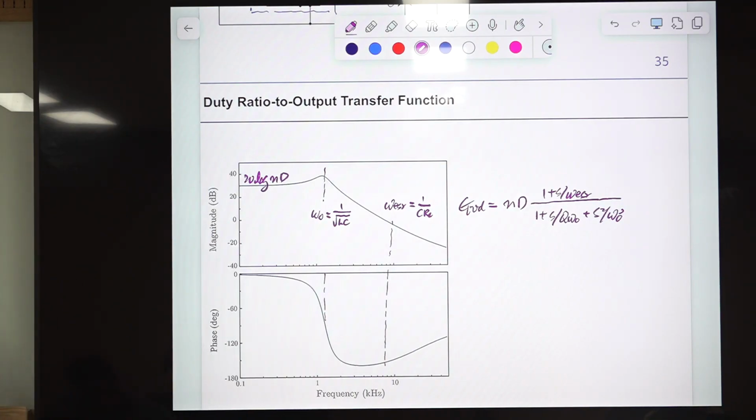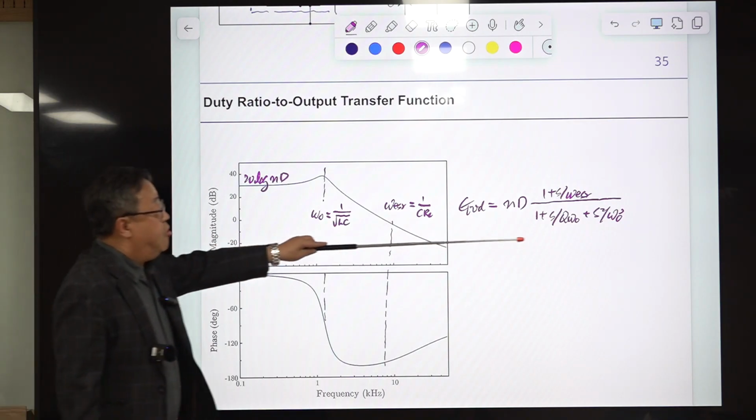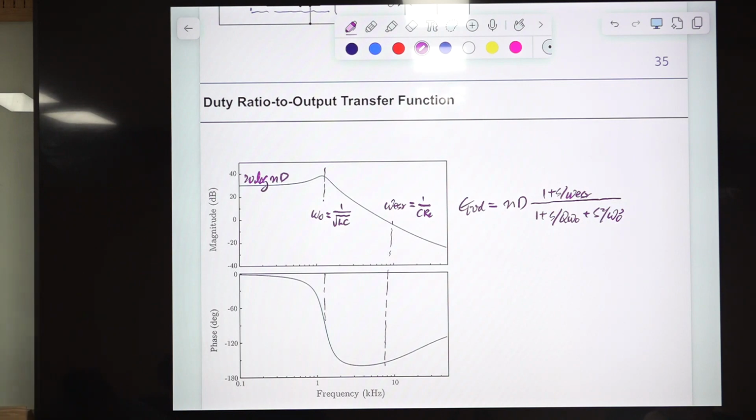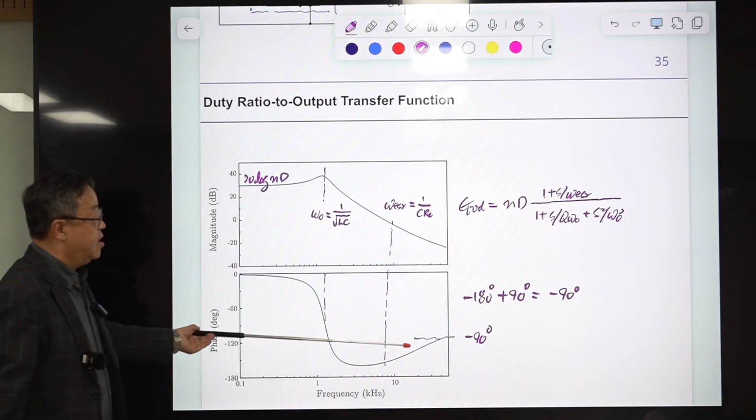So actually, this is a buck converter, and you have a double pole and one zero, the ESR zero. The double pole will reduce the phase by 180 degrees, and this zero will boost the phase by 90 degrees. Then the final phase should be minus 90 degrees here.